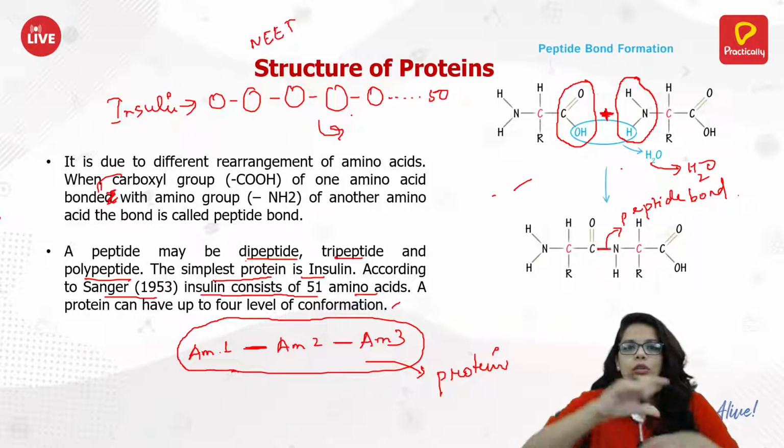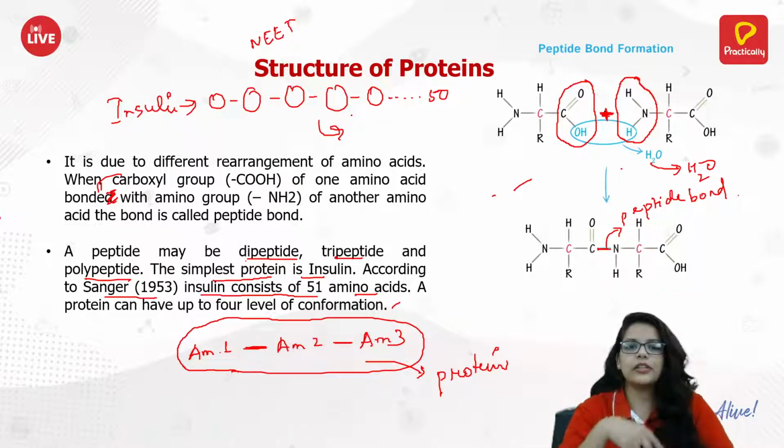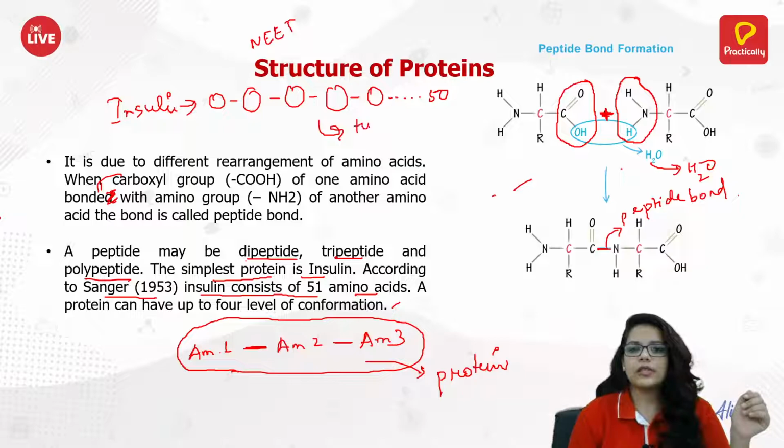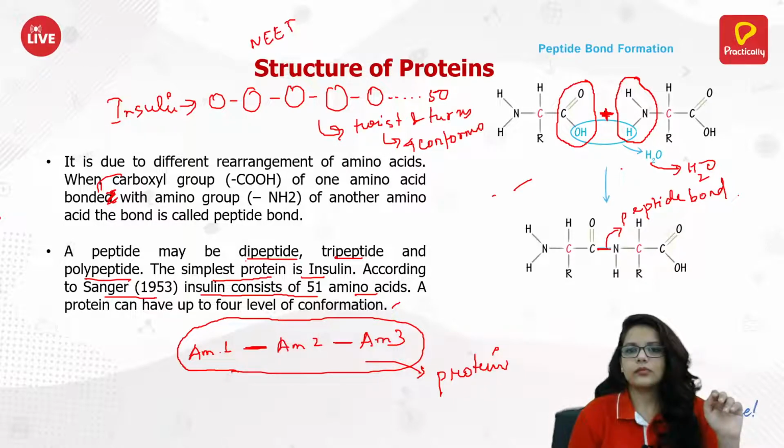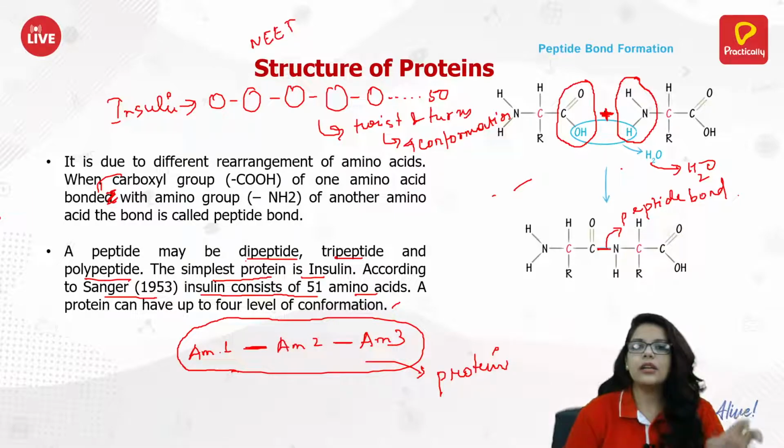Now what they do, they twist and turn within each other, and they'll have a 4-level conformation. So it is a simple one only, but the structure looks a bit complicated because it has twisted and turned itself.